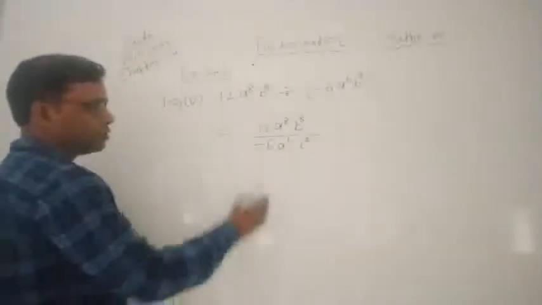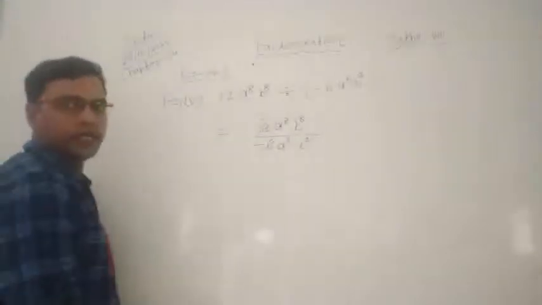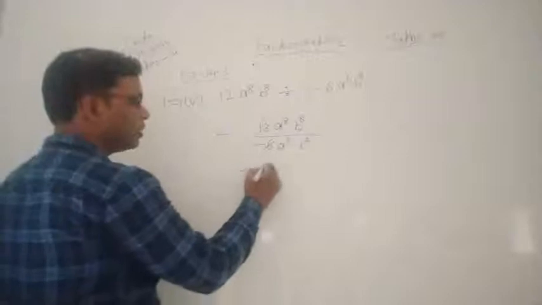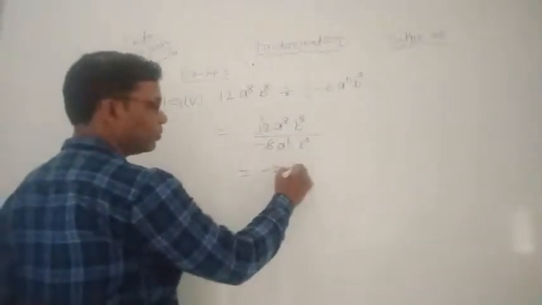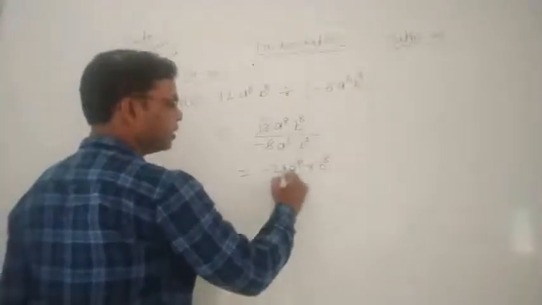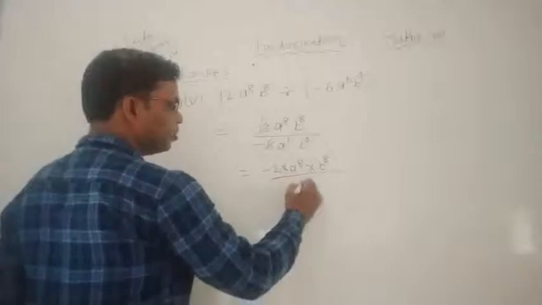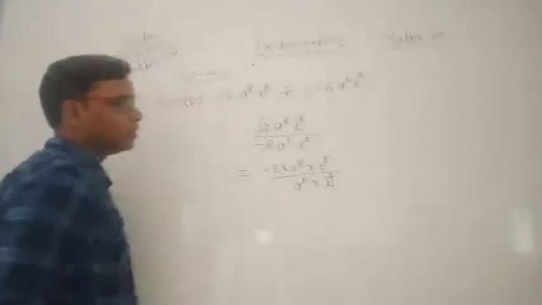Okay. So first you can cancel it, 6 into 12. Okay. Now, so you can write minus 2 into a to the power 8 into b to the power 8 divided by a to the power 6 into b to the power 4.